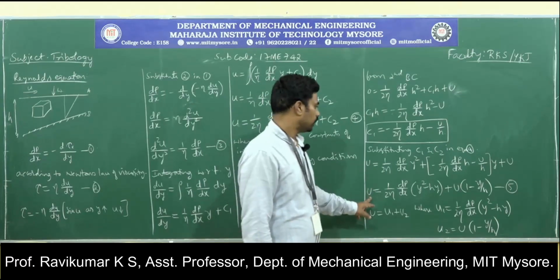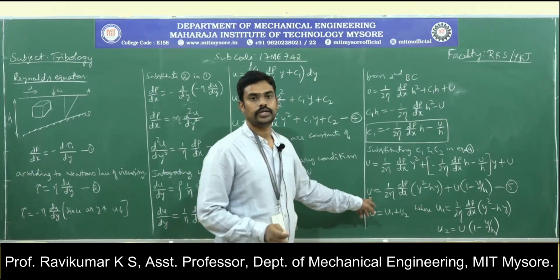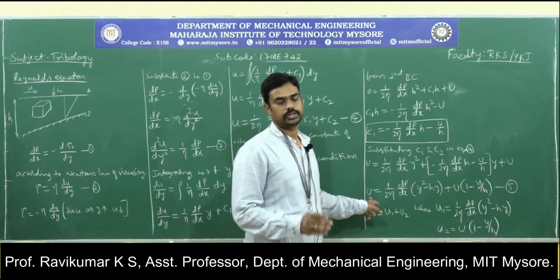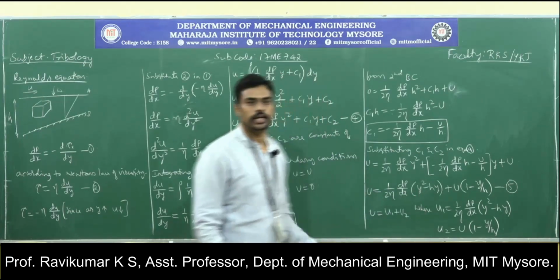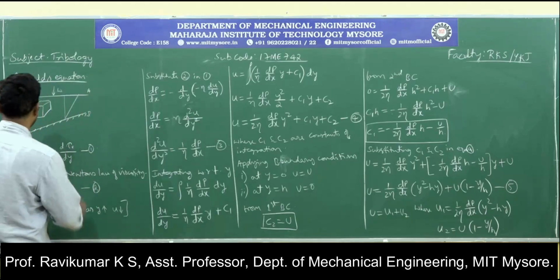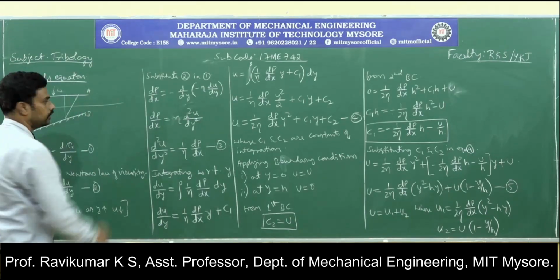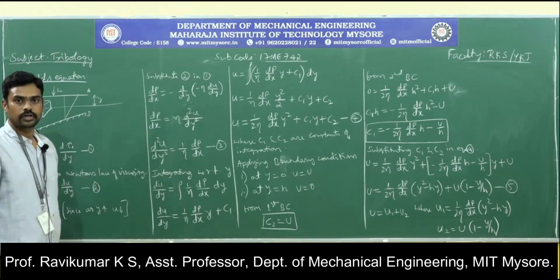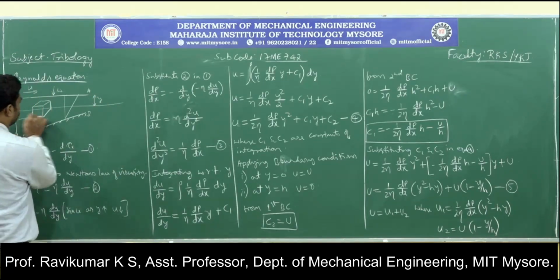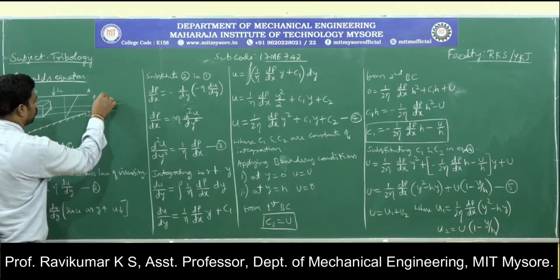So equation 5 gives you the velocity distribution at any section. You can substitute any value of y. If you want velocity at this position, substitute y as this one.